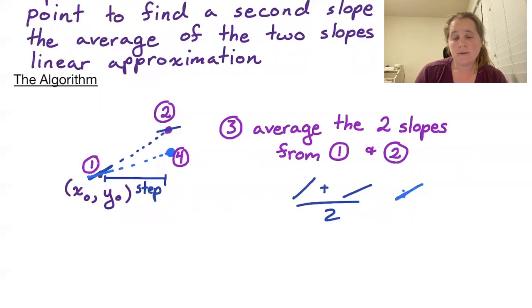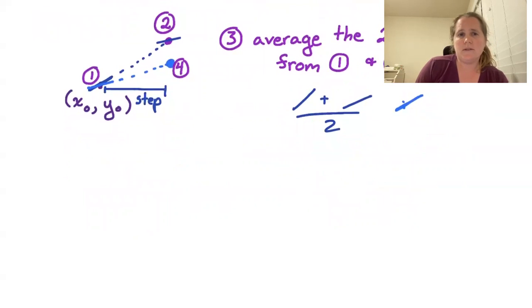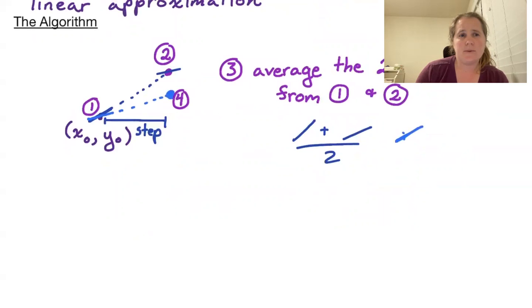Well, we'll use the average slope for our new linear approximation instead of using the original tangent line. So this is kind of taking into account that the slope changes. We think maybe the average slope between the start and the end of the first approximation will be the best bet. So your textbook uses K for these slopes, so we will do the same.